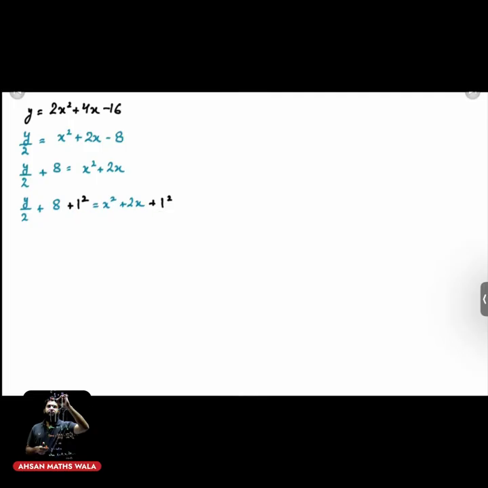So this becomes y upon 2 plus 9, and the right hand side becomes x plus 1 whole square. X plus 1 whole square. Is that clear to everyone?